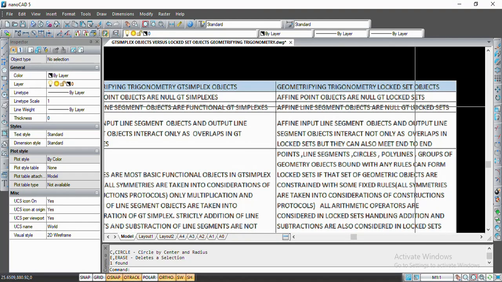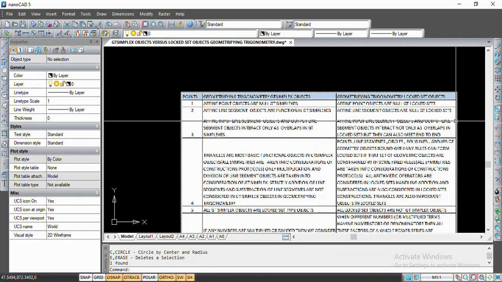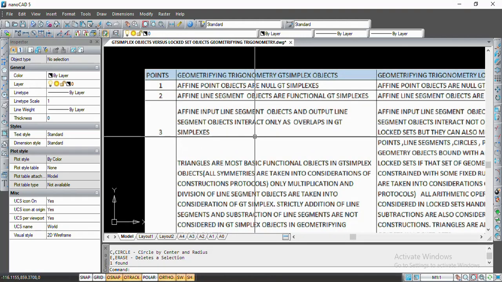Previously, when I was not working with that many varieties of cases, I had considered that they are null objects, but now after getting some counter examples, I have concluded that line segments are not null objects in locked sets.